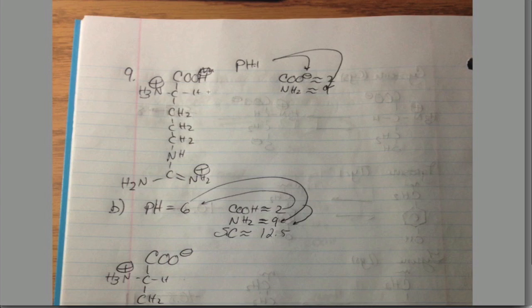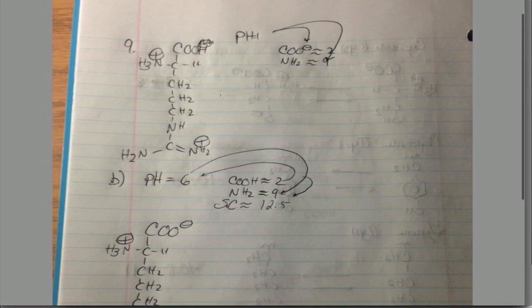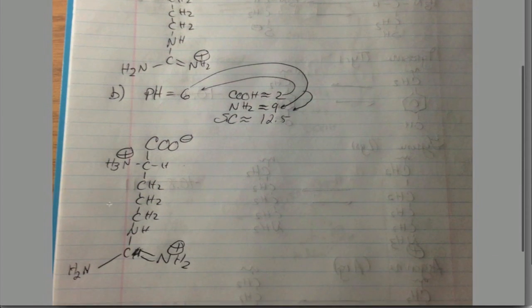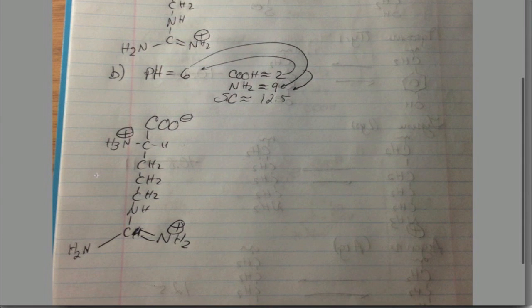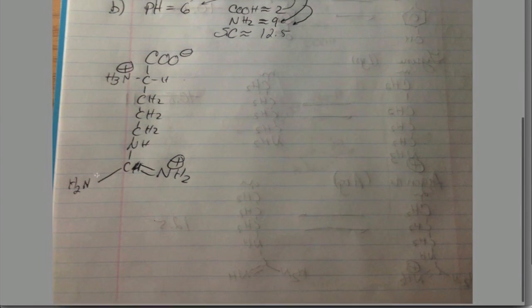Okay, good. So I have your problem here for number 9. So these look correct for number 9. What was the net charge for this picture at pH of 1? Oh, that charge is positive 2. Good. How about this picture for pH of 6? Positive 1.